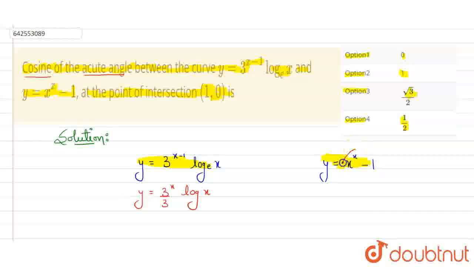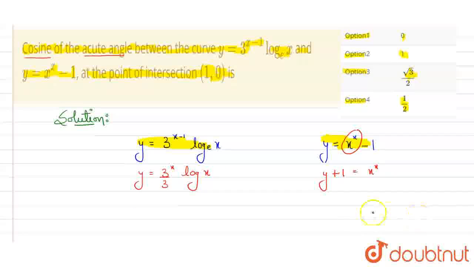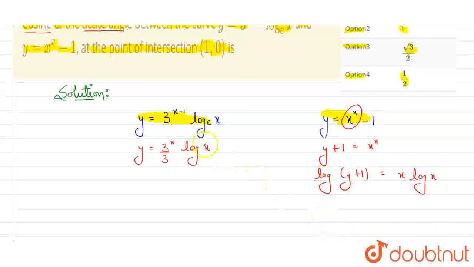It can be rewritten as y + 1 = x^x. If I take log on both sides, it will be log(y + 1) = log x^x, and here I can write x log x, by the property of log. Now we can differentiate both of these.